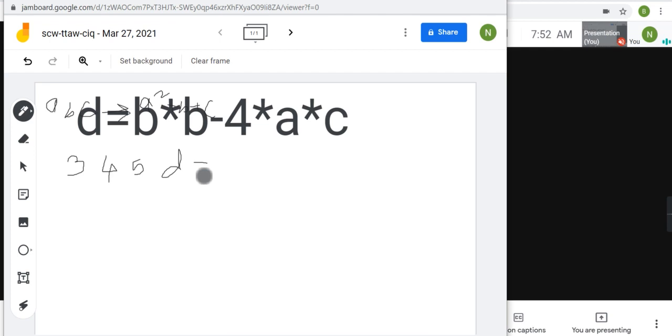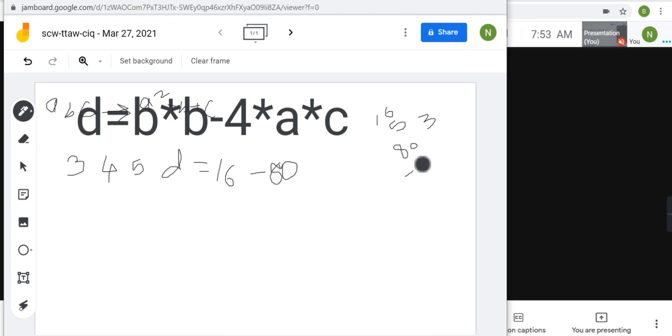What is b square? 4 4s are 16, 4 into 4 is 16, minus 4ac, 4 into 4 is 16, 16 into what is the value of c? 5, 16 into 5, 6 5s are 30 and 5 1s are 5, 80, right? Minus 80 we have here.